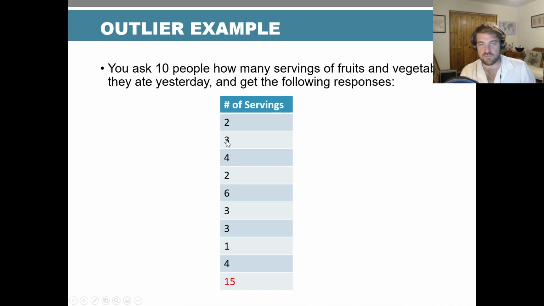If we tack on a 15 right here, then we've got 10 observations. So we're counting in 5 from either side instead of just the 5th number. So we're going to go 1, 2, 3, 4, 5, and 1 over here, which is 15, 2, 3, 4, 5. So we've landed on 3 for both of our numbers.